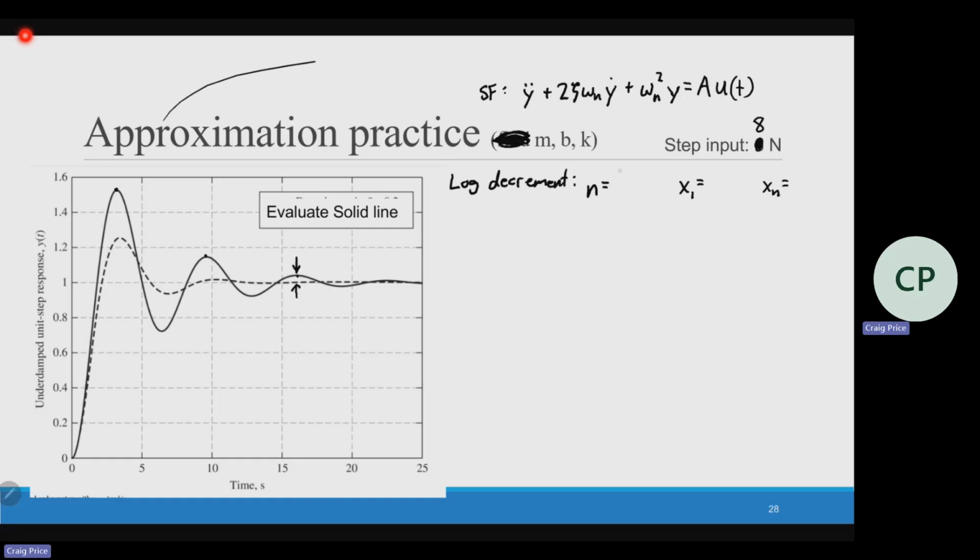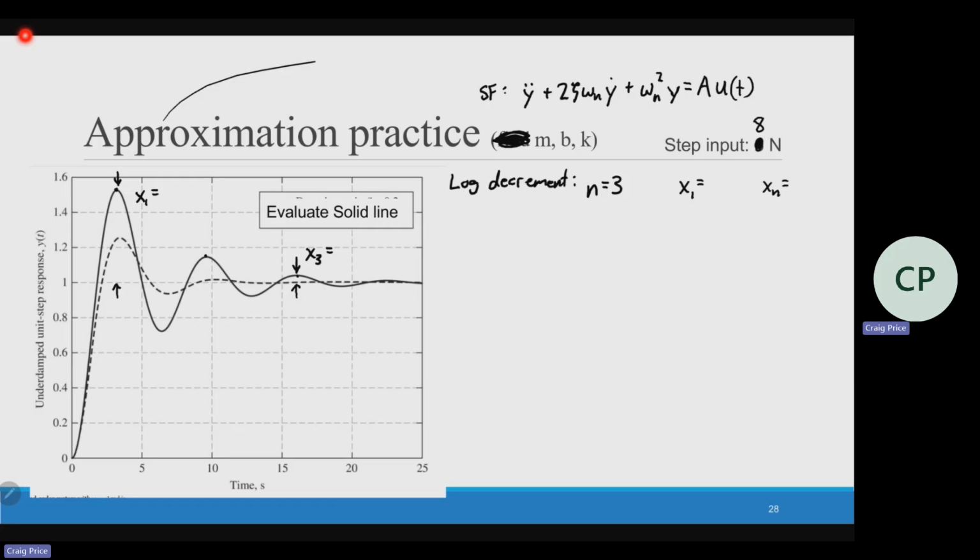So if we say n is equal to 3, now it's our goal to find x1 and x3. It's going to look at how much decay we have from peak to peak. The more peaks we have, the better the approximation is.